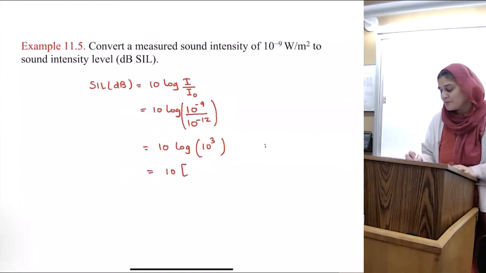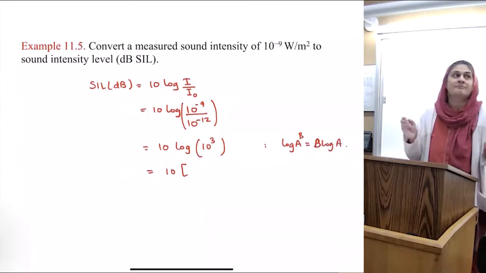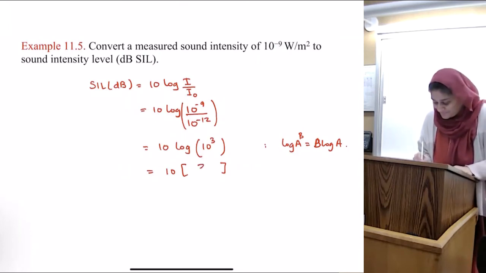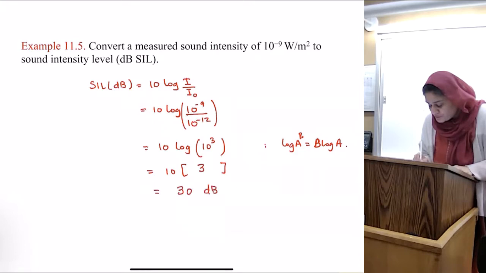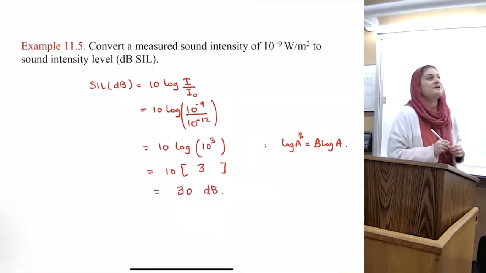Or you can use the properties of log, which says log a to the power b is the same as b log of a. 3. And the answer will be 30. And we just put in a unit of decibel in front of it.